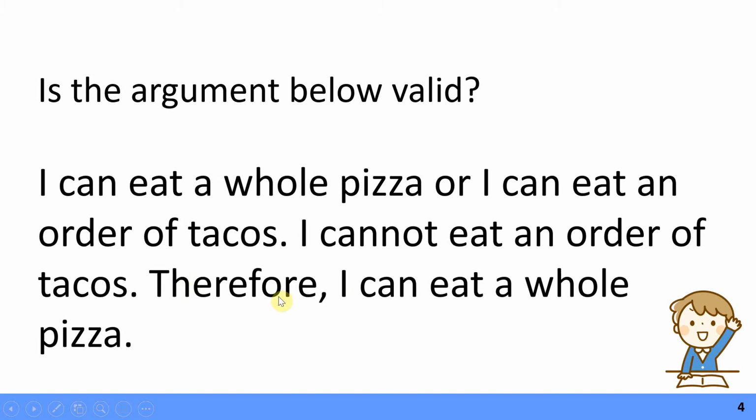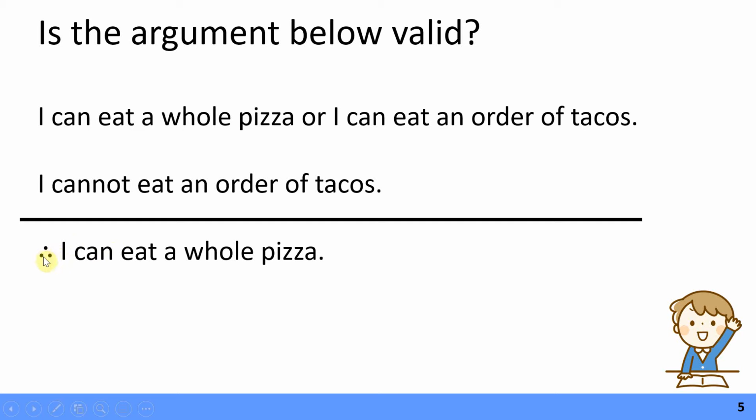Every time you see the word therefore, that's just shouting out, hey, I'm the conclusion. So therefore translates into the little dots, and then anything after that, which was I can eat a whole pizza, becomes my conclusion. Okay, so we just translated a little paragraph into a symbolic argument that has premise 1, premise 2, and a conclusion. Of course, that's only step 1.